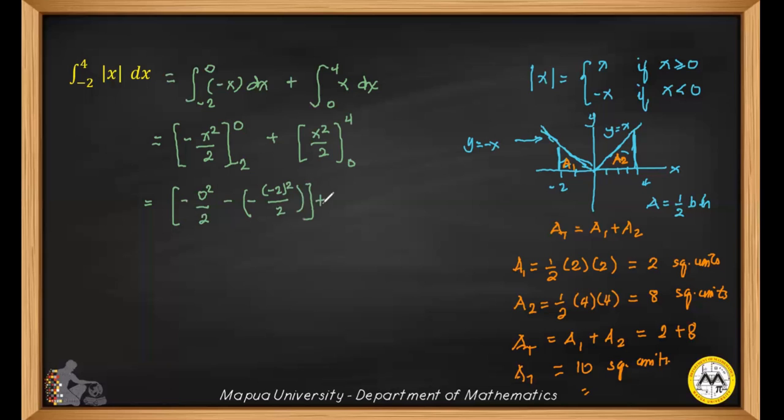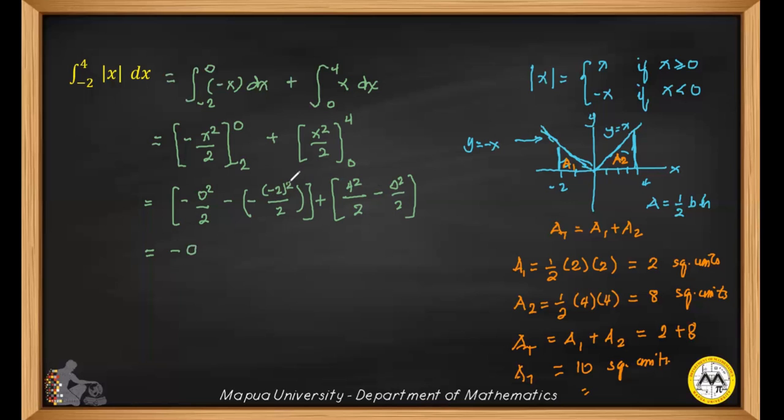Okay, then plus the value of x squared over 2 at the upper limit 4. So we will have 4 squared divided by 2 minus the value of x squared over 2 at the lower limit 0, which is 0. 0 over 2 is, of course, 0. Hence, we will have minus 0.